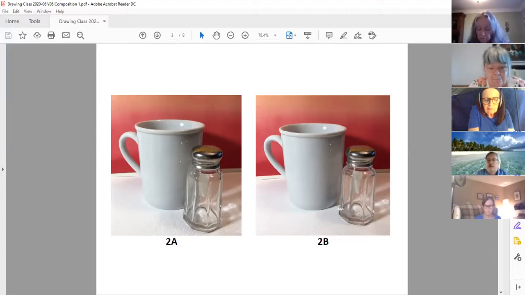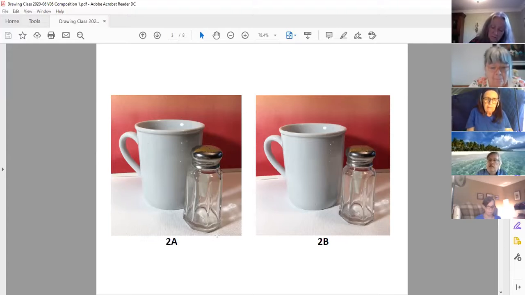So having two objects like that in any kind of composition, whether in a landscape, a portrait, or a still life, it's always more pleasing to the eye to have a little bit of an overlap, like we see on 2A, rather than have the two objects right next to each other. It also creates a better unity.